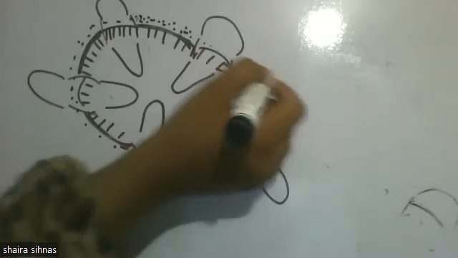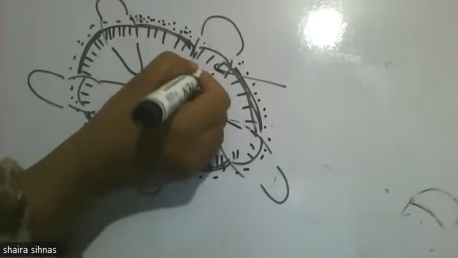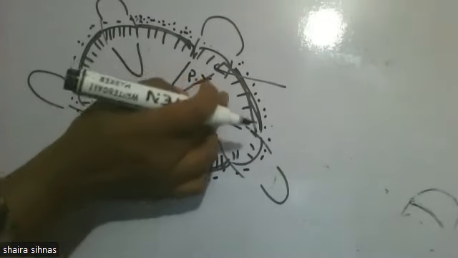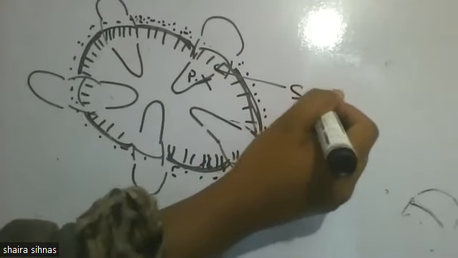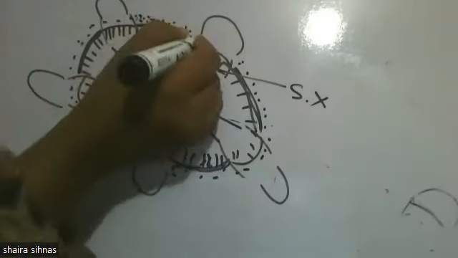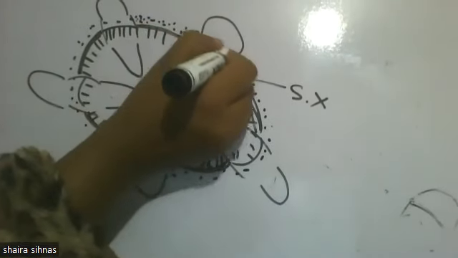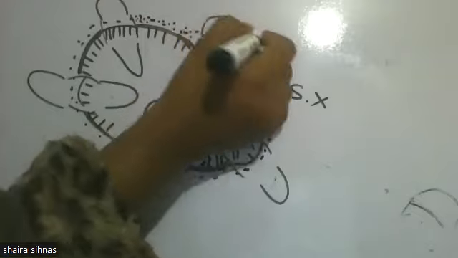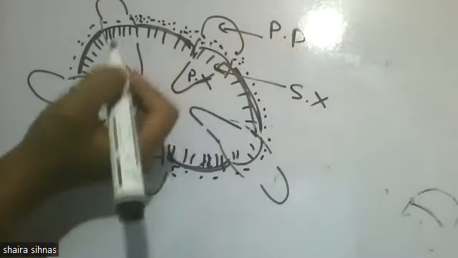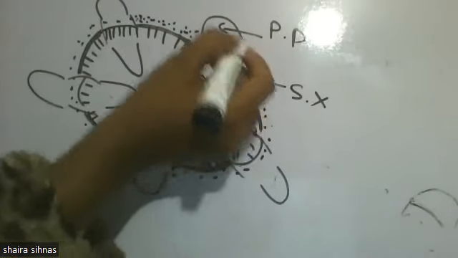The inner layer which is formed, close by the primary xylem, is the secondary xylem. Then this is the primary phloem, and here a new cell is the secondary phloem. Right?